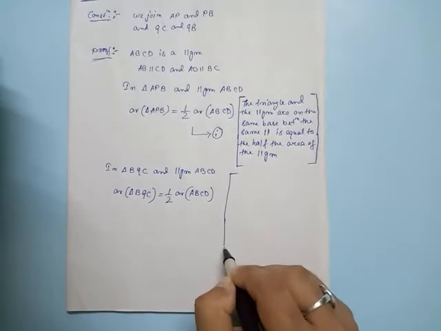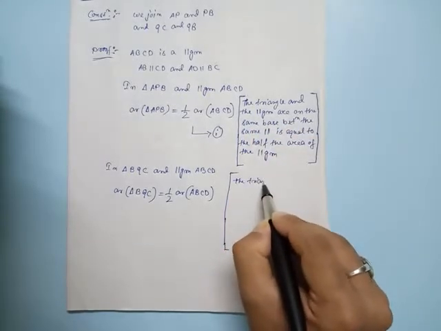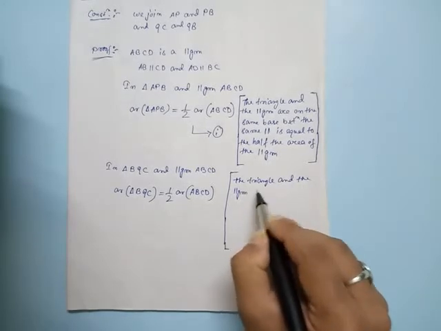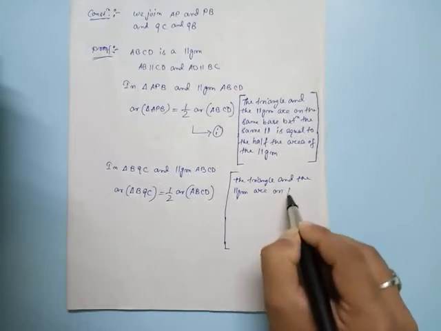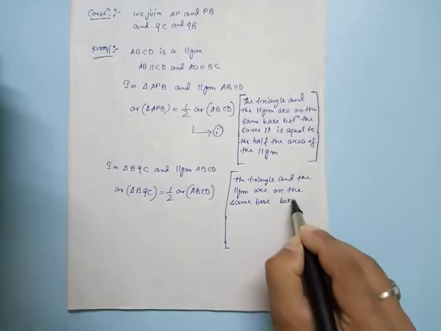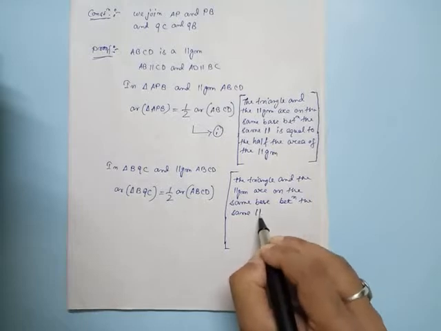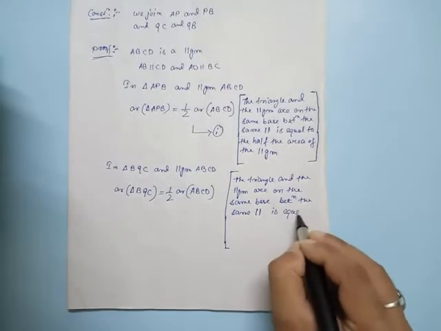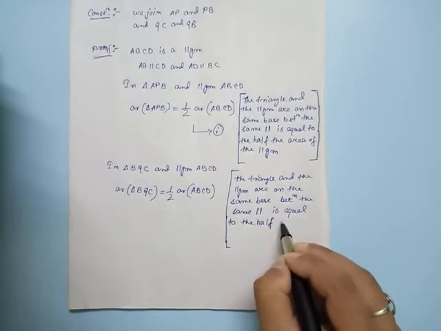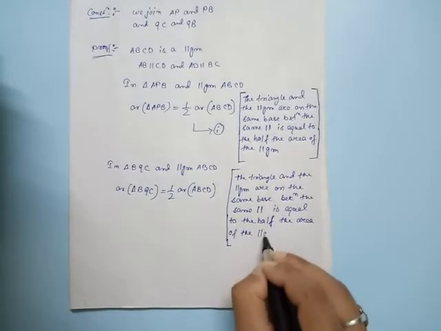First you give the third bracket here, then the same reason I will write here: the triangle and the parallelogram are on the same base between the same parallels is equal to half the area of the parallelogram.